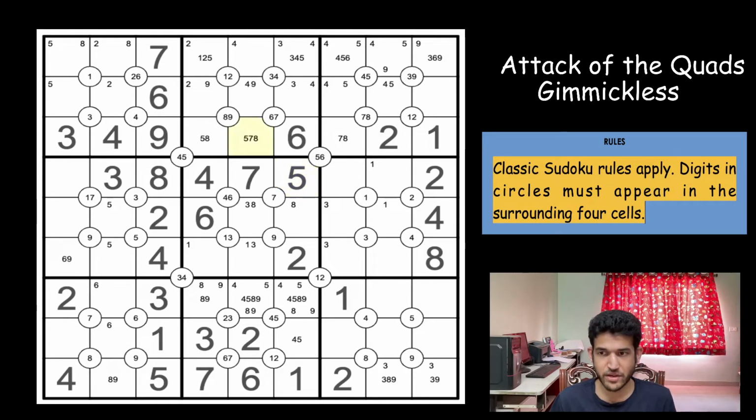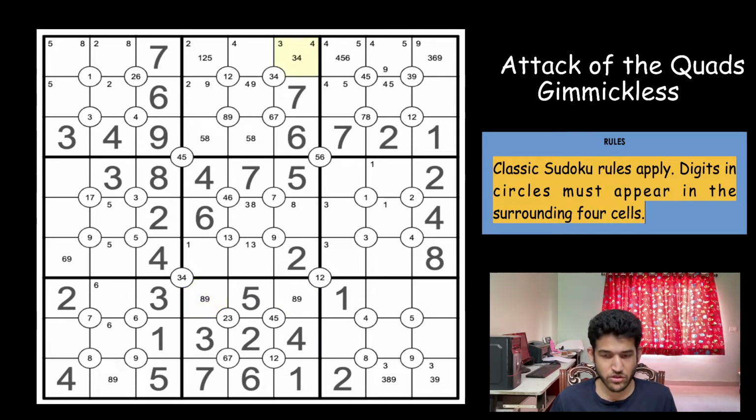So this cannot be 7 now. That 5-8 pair gives me a 7 here. And the 7 for this quad goes here now. This is not a 5. 5 here gives me a 4 here. And this 5 has to go here now, which means this would be an 8-9 pair. This is 8-9 and that is 8-9.